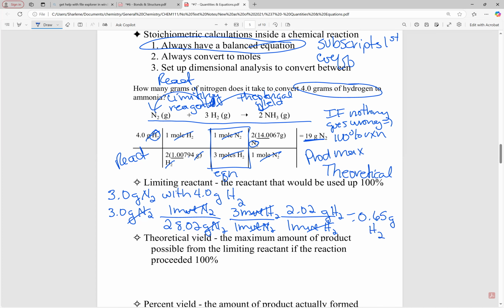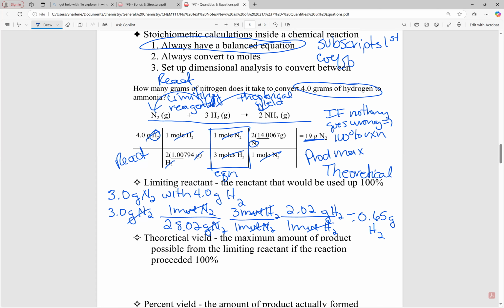Let me do it again. So 3 divided by 28.02 times 3 times 2.02. Yep, 0.65. The math just said that if you start with 3 grams of nitrogen, you're going to need 0.65 grams of hydrogen to use it all up.